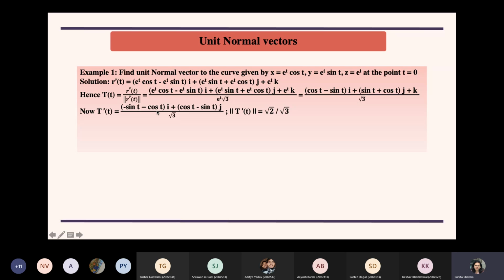So till here, has everybody understood? Just check the calculation part. Norm of T dash, is it fine? Root 2 by root 3. Yes, ma'am. Okay.